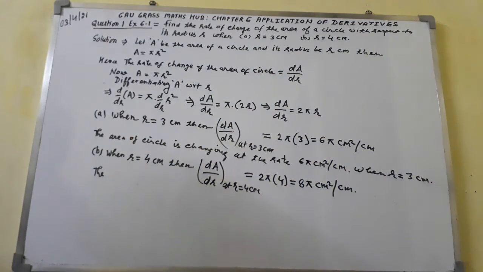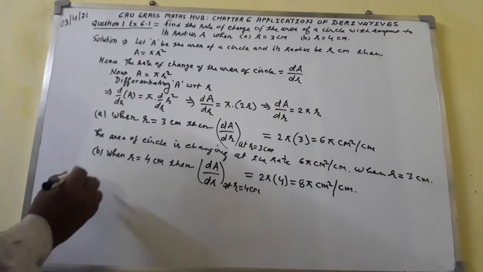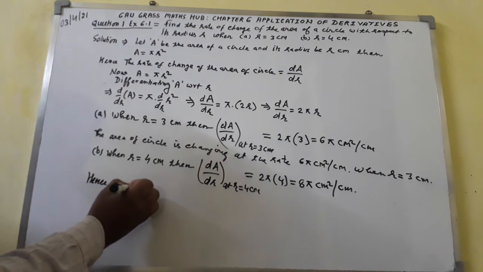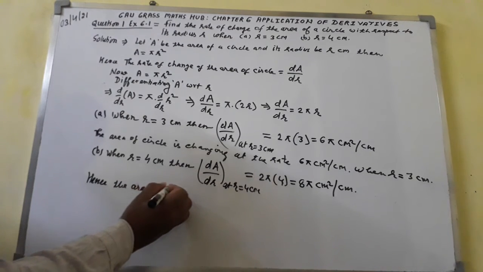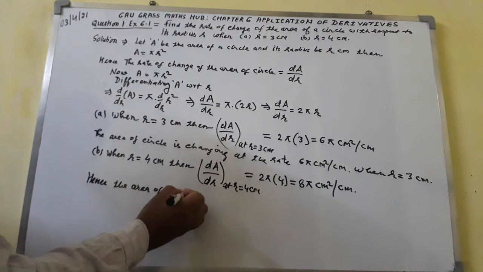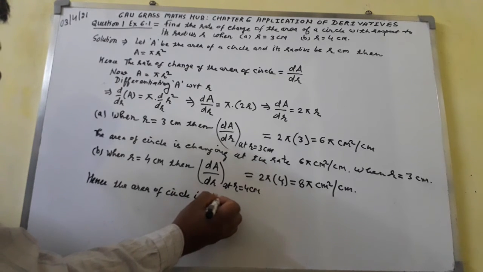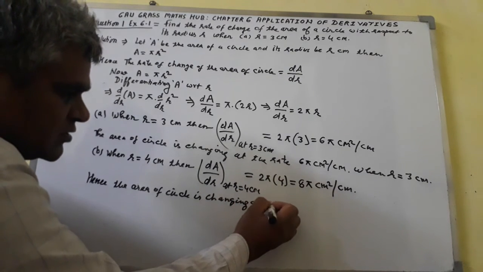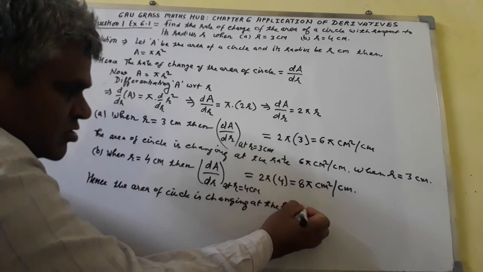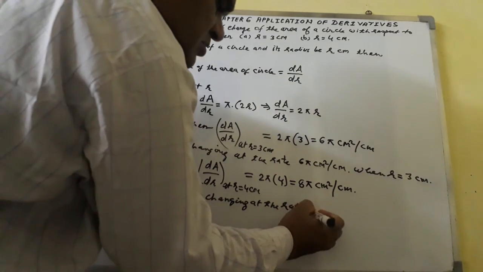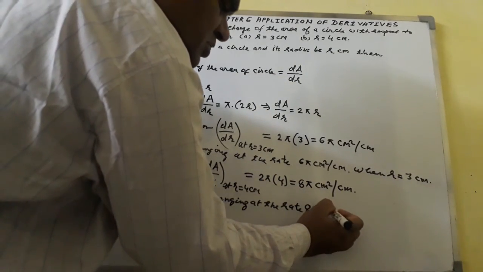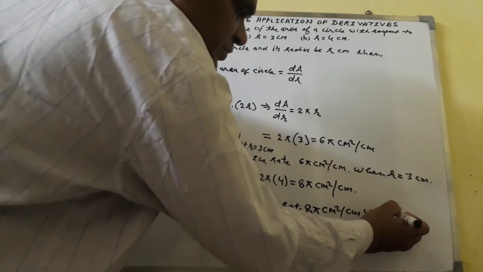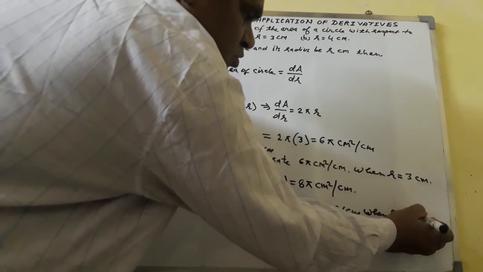So here I shall write: hence the area of circle is changing at the rate 8 pi centimeter square per centimeter when r is equal to 4 centimeter.